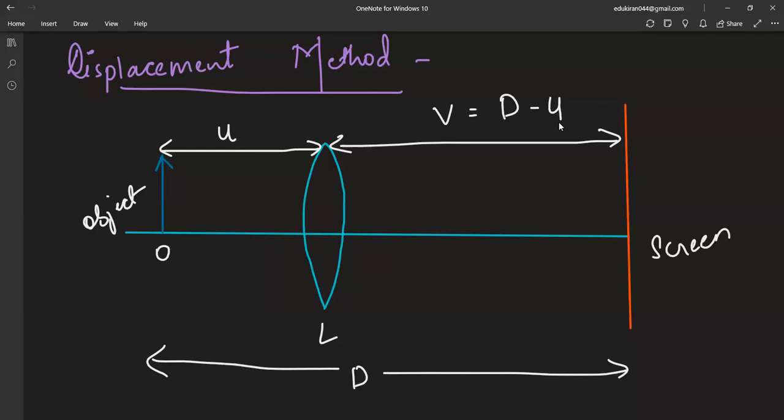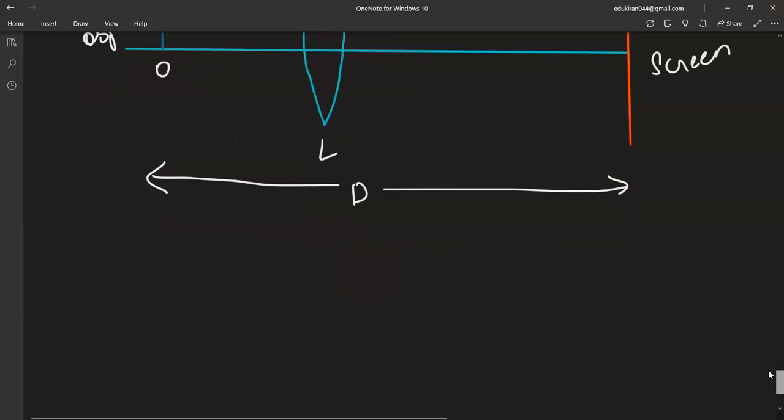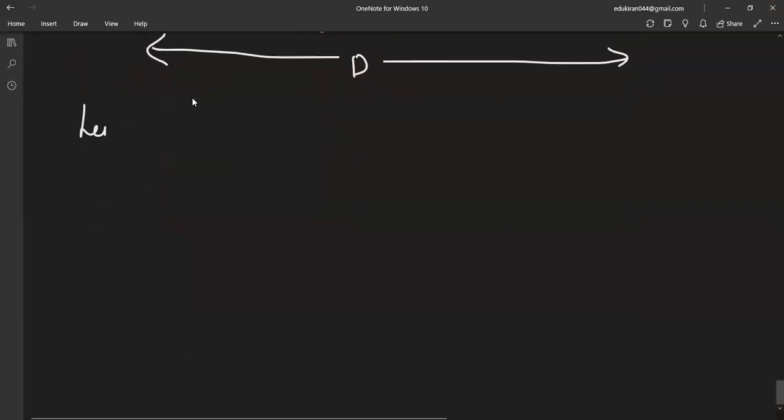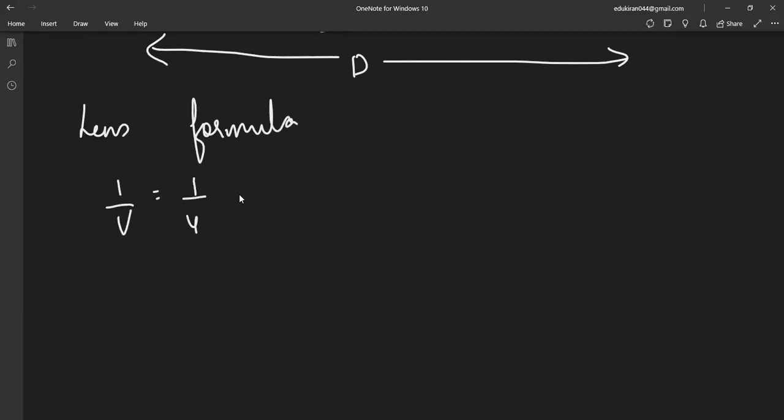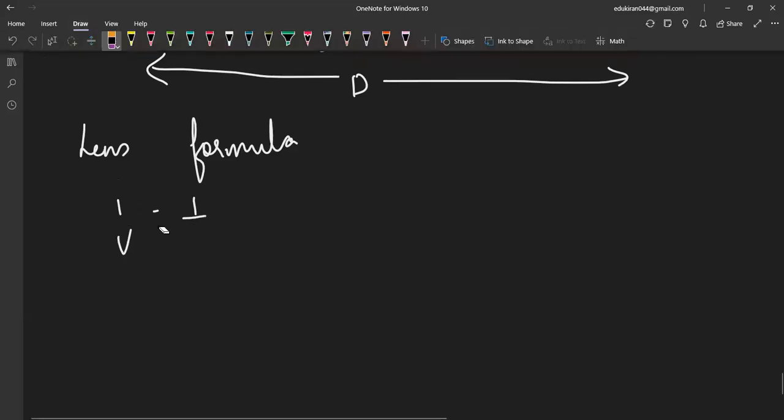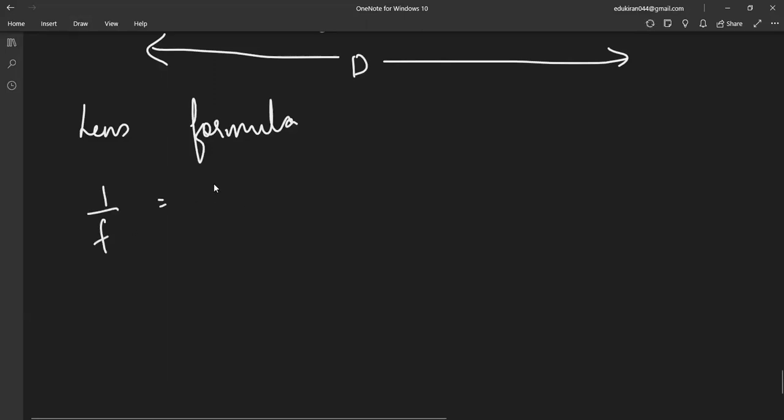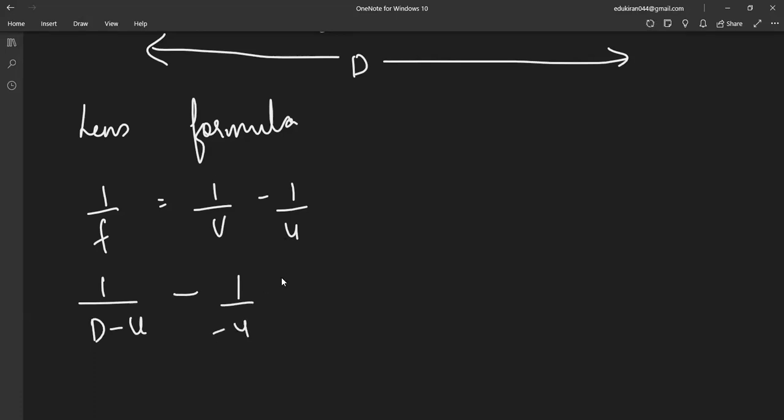Now if you go by the lens formula, 1 by f is equal to 1 by v minus 1 by u. So 1 by (D minus u), that is 1 by v, minus 1 by minus u is equal to 1 by f.